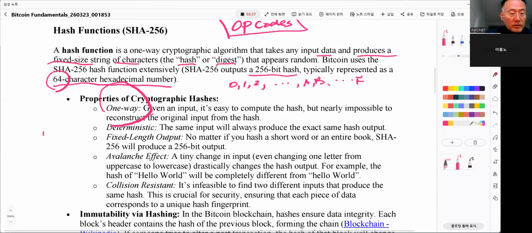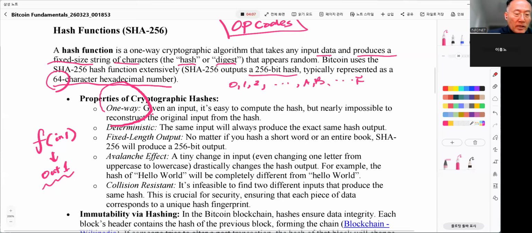So this hash function, given input number 1, will produce output 1 all the time. Same input, same output. That's what we mean by deterministic. It's not a random function. But this output, which is a 256-bit hash, looks random.